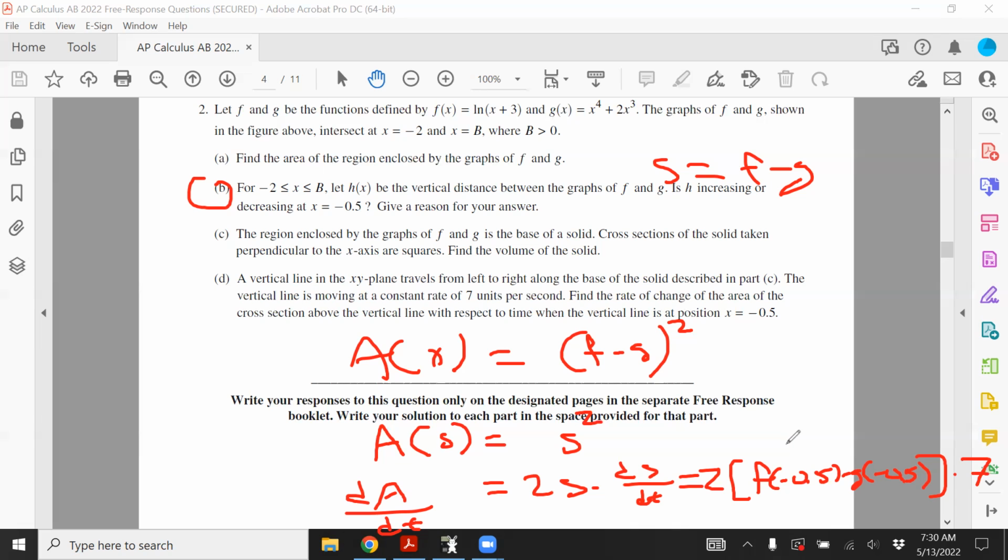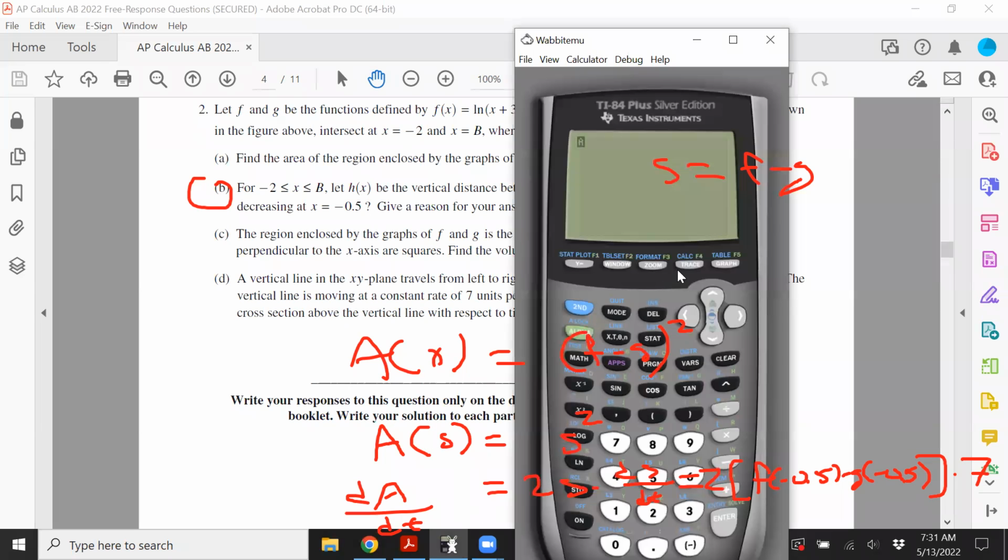And so if I do that correctly, I'll just do it in my calculator. So go alpha y trace y1 -0.5 minus alpha trace y2 -0.5.